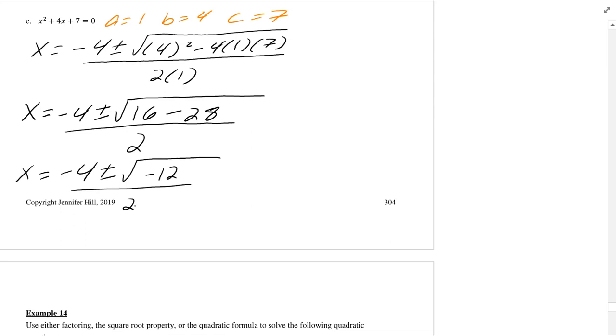Now what I want you to do is plug in just the square root of negative 12 into your calculator. If you take a second to do that, what you will notice is that you get something like a domain error or maybe not real. Your calculator is basically going to bark at you that it has an error. So the idea behind this is that this actually can't be done, at least not with real numbers.